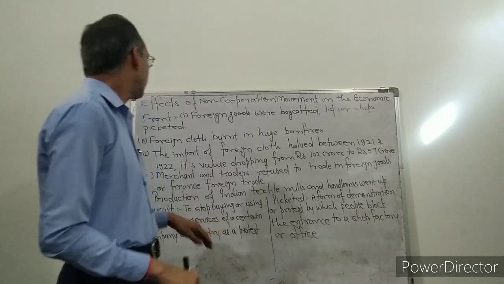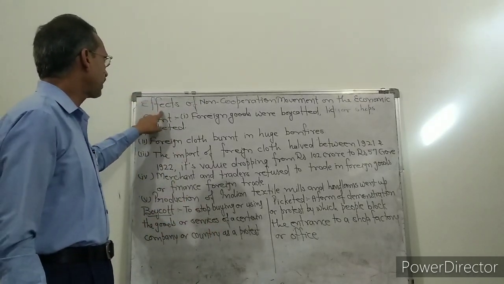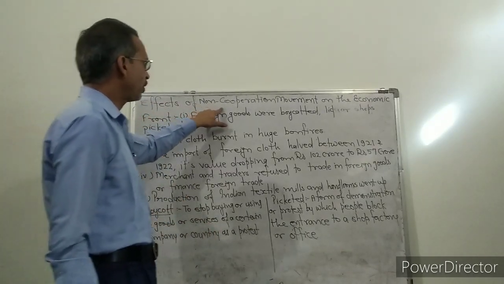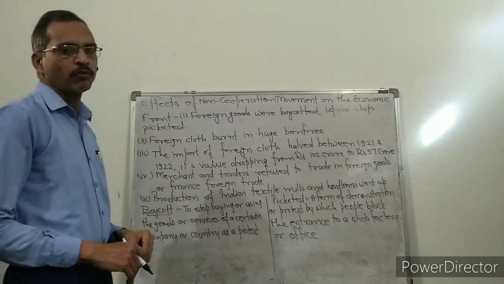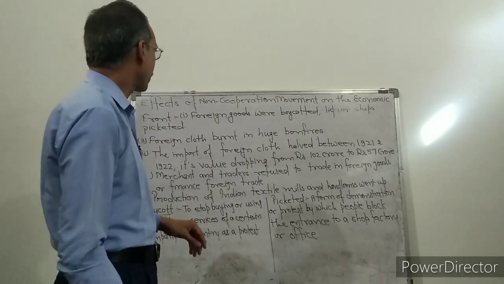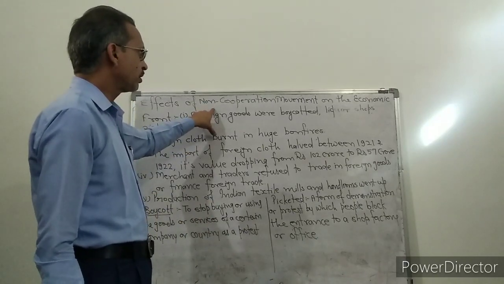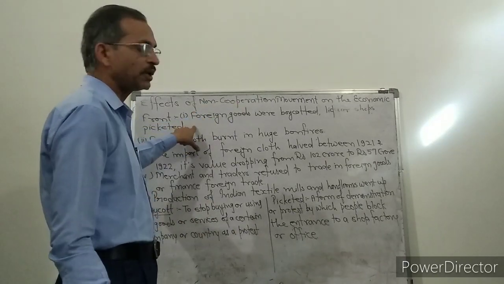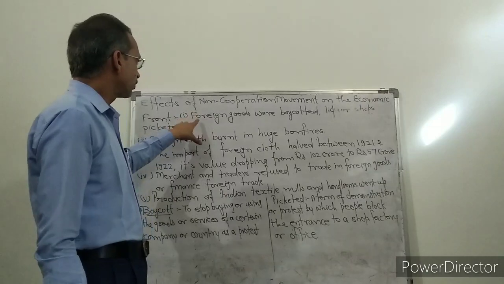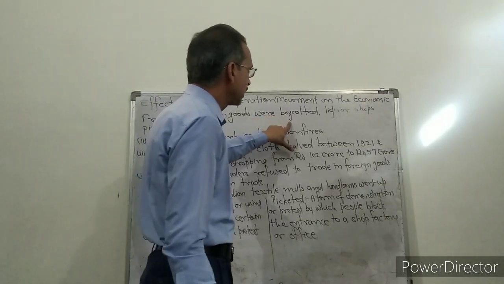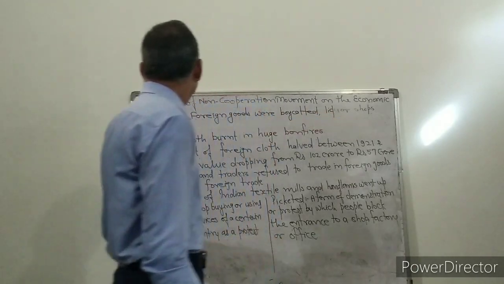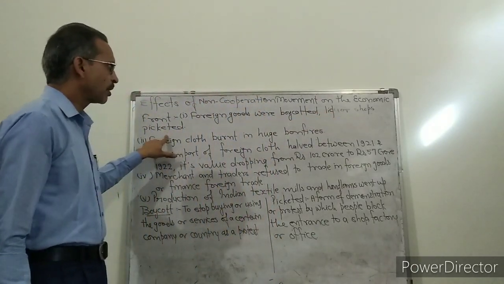Now the next topic, effects of the non-cooperation movement on the economic front. What were the effects of the non-cooperation movement on the economic front of India? The first effect was foreign goods were boycotted, liquor shops were picketed.